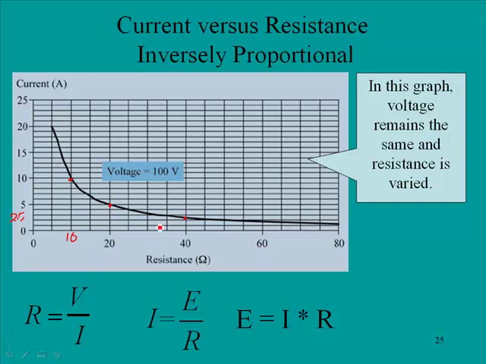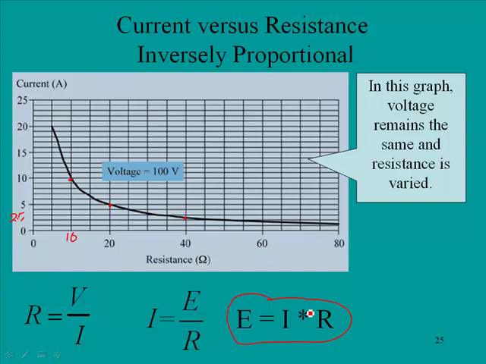You see, we no longer have a linear curve as we did with voltage and current. Another important thing that we might note from this is that part of Ohm's law was this formula right here, that voltage equals current times resistance. In this scenario, we had 100 volts as the applied voltage throughout.